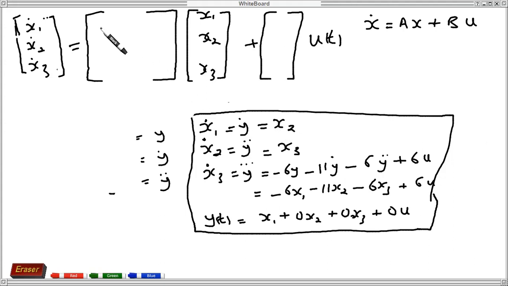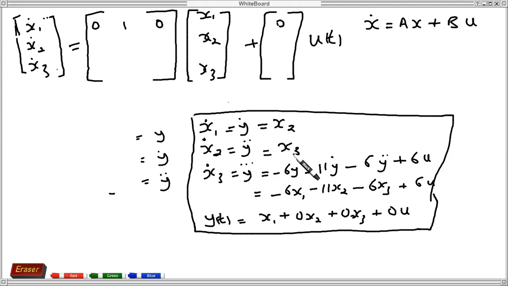That means 0 for x1, 1 for x2, and 0 for x3. It doesn't have an input, and therefore 0 for u of t.